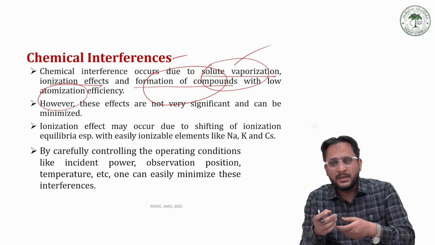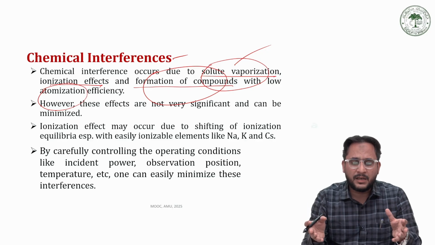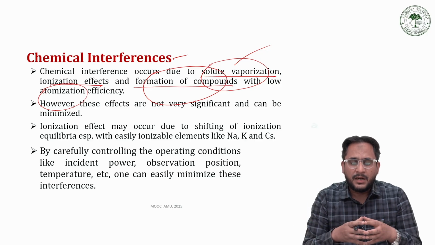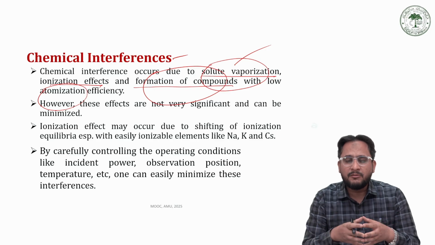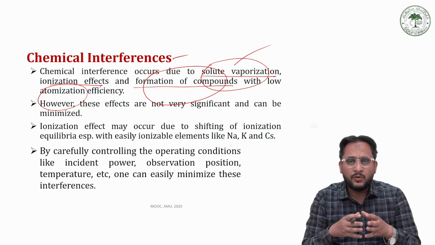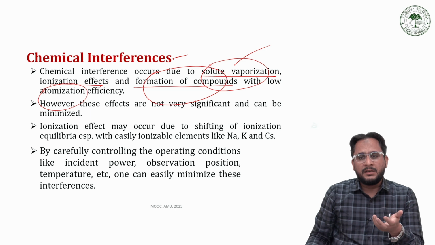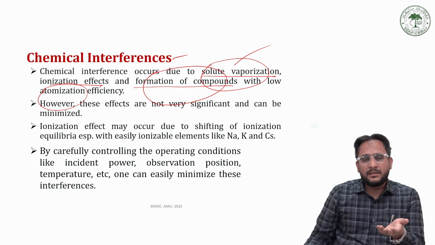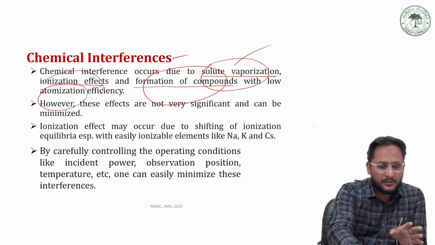Before getting excited, it vaporizes in the ground state and will not emit any spectral lines, and because no light is emitted, there will be no peak of that sample in the final spectrum. So low vaporization causes quick evaporation of the sample even before it is excited, resulting in no emission spectrum. Then there is the ionization effect.